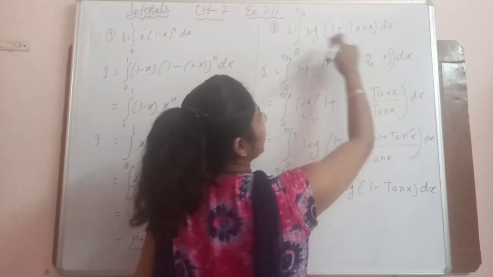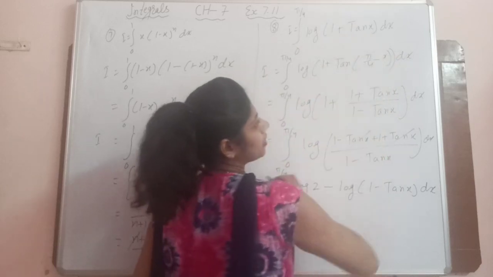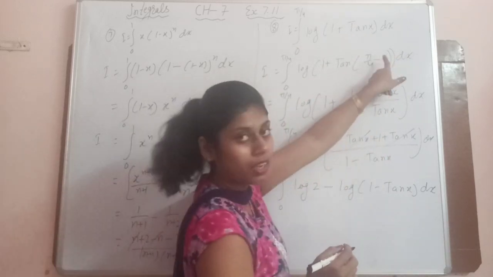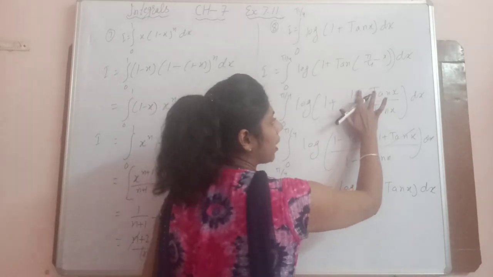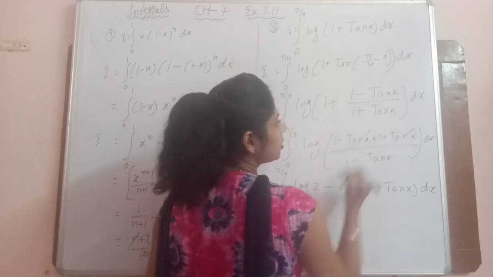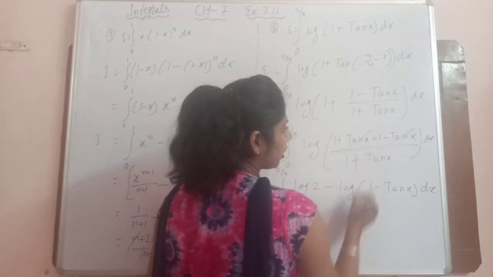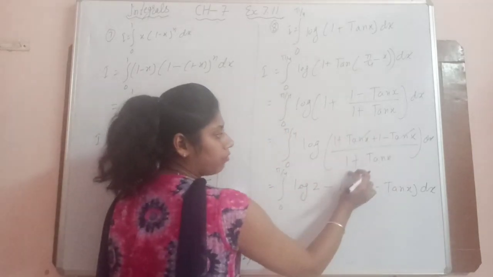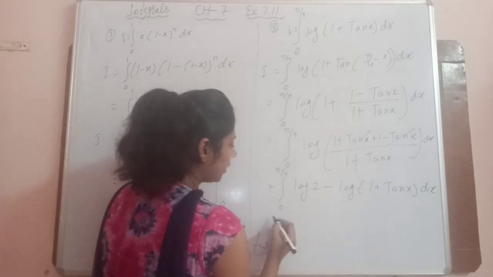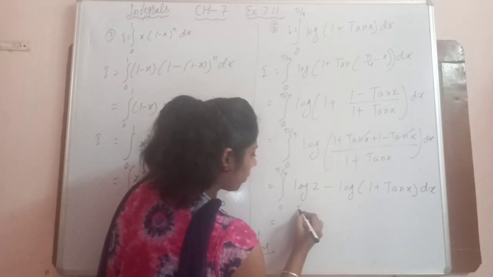Here you have to write sum of the limits minus x, so apply the formula of tan a minus b. It will be minus and here is plus. So it will become 2 upon 1 plus tan x. Clear? 0 to pi by 4.